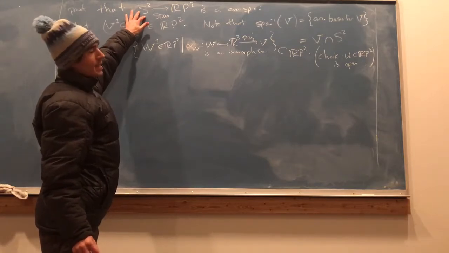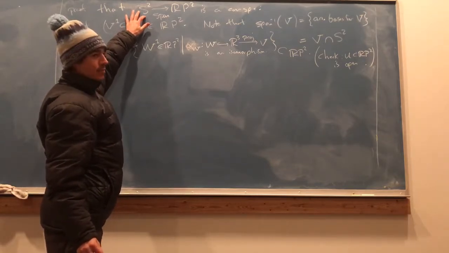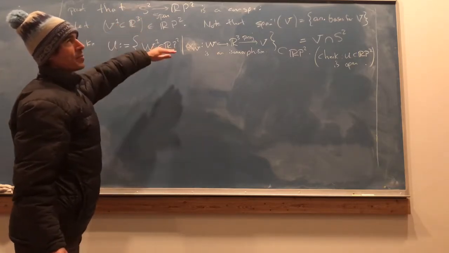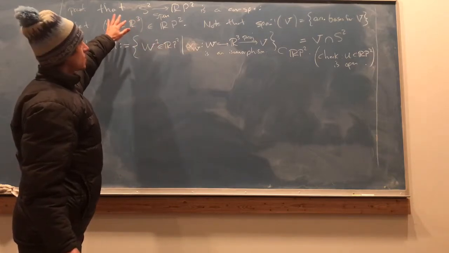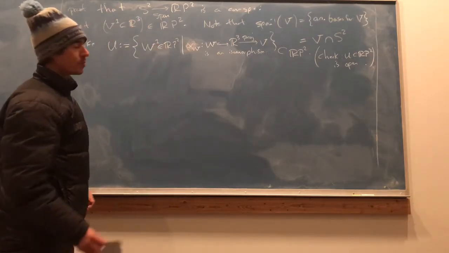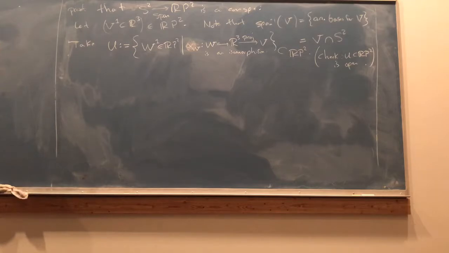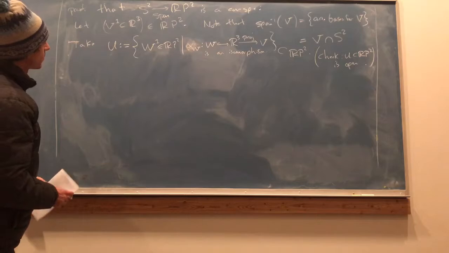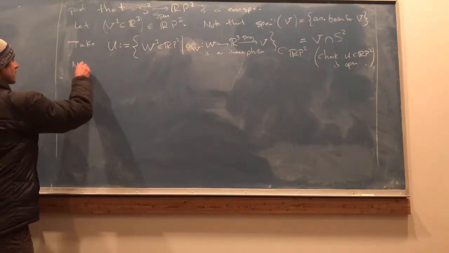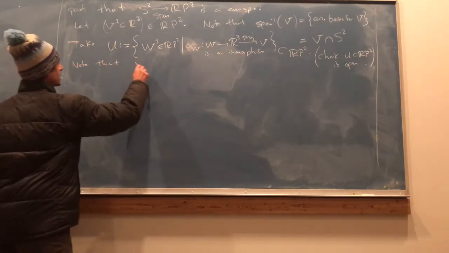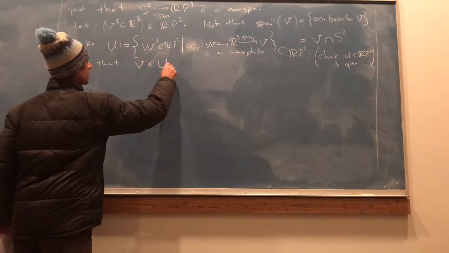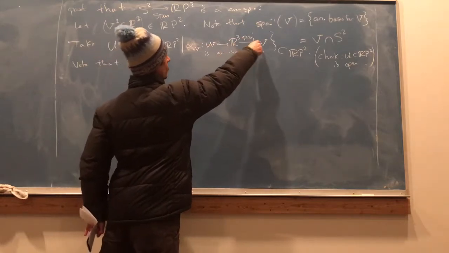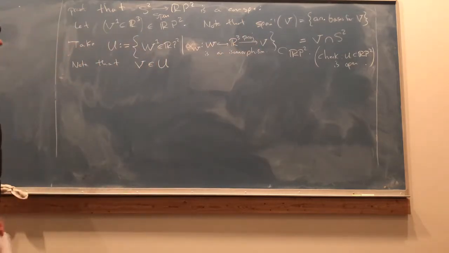You can write down explicitly what that preimage is: it's the complement of the orthogonal complement of V intersect the two-sphere. And note that that's open in the two-sphere. Okay, so we'll give ourselves that this is an open subset of RP2. Note that it certainly contains V, because if you include V into R3 and orthogonally project onto V, that's an isomorphism. It's the identity map.